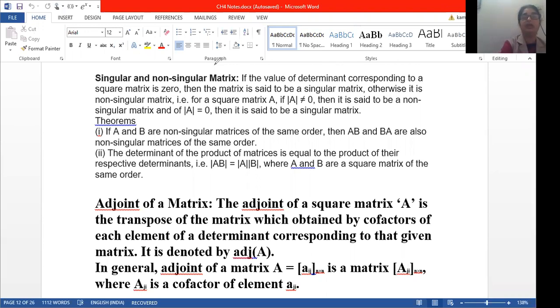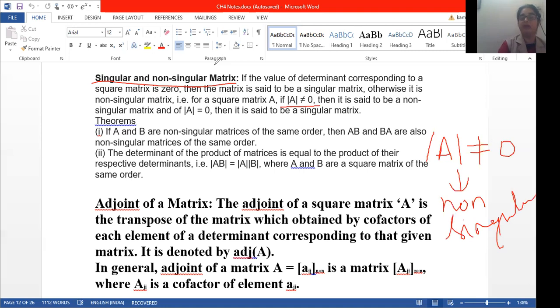Now that you know how to calculate determinant, you can understand it. If your value of determinant is not equal to 0, then it is a non-singular matrix. But if your value of determinant is equal to 0, then we call it a singular matrix.